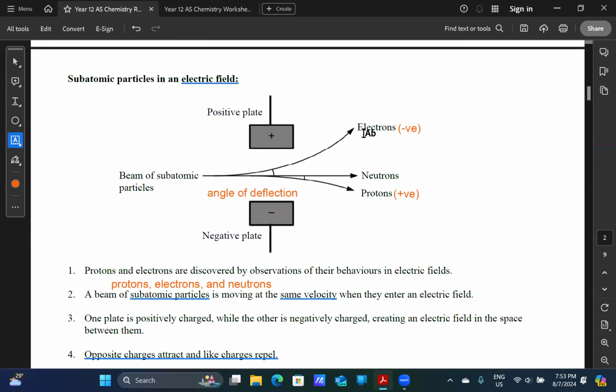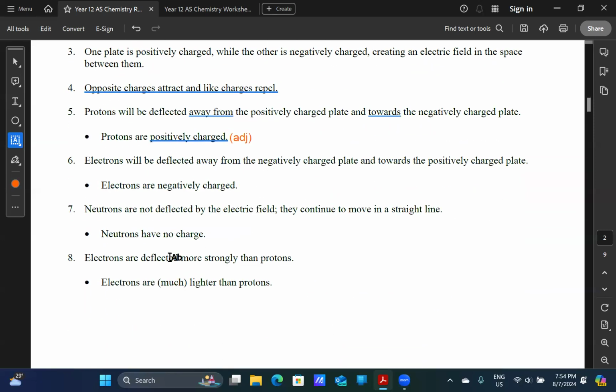Because the electron has a lower mass, electron will be deflected more compared to proton. As electrons are deflected more, this gives a larger angle of deflection. That's why electrons are deflected more strongly than proton. Why are electrons deflected more strongly than proton? You can say that electrons are much lighter than proton.